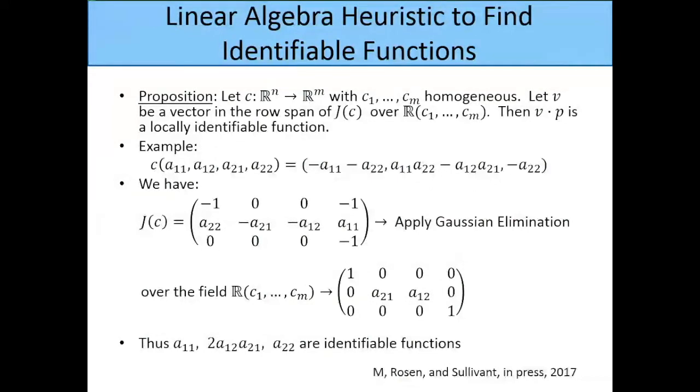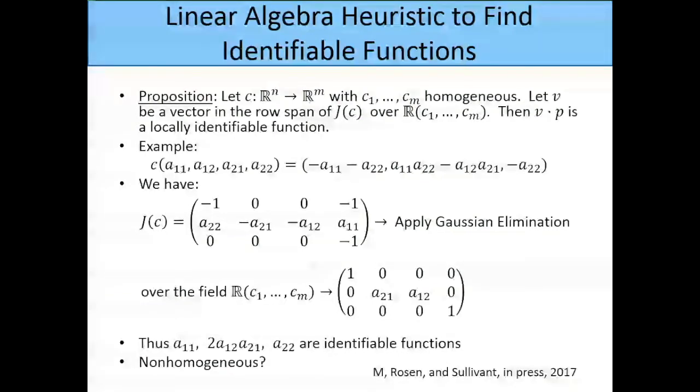And is it true that any locally identifiable function can be generated by this procedure? Oh, any homogeneous? I think so. The main issue here, which I'm going to get to, is that you can always generate identifiable functions, but they may just not be simple. You may get really, super complicated identifiable functions.